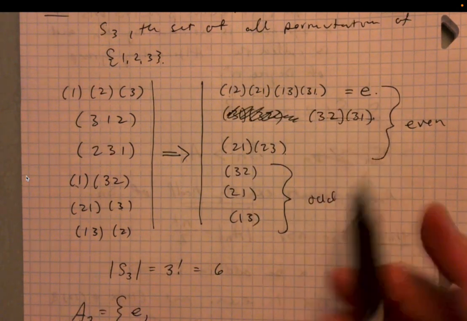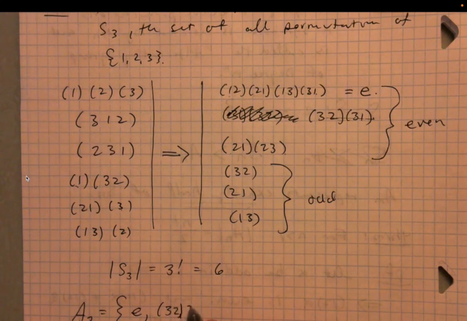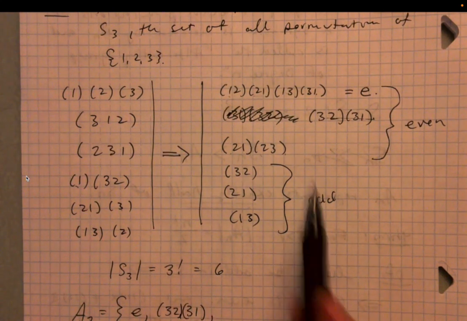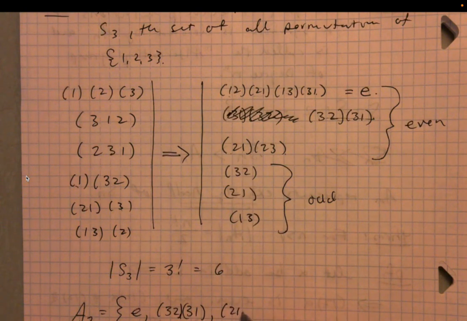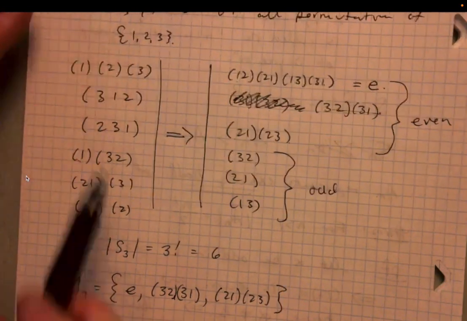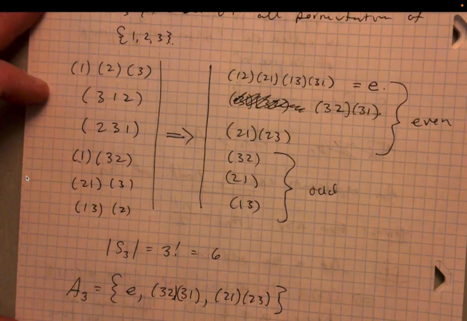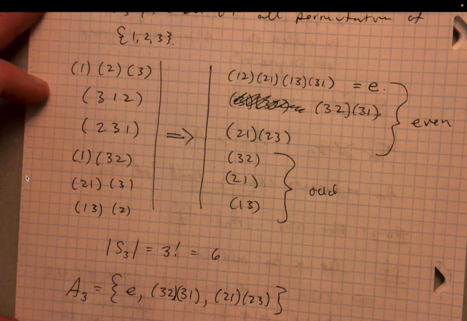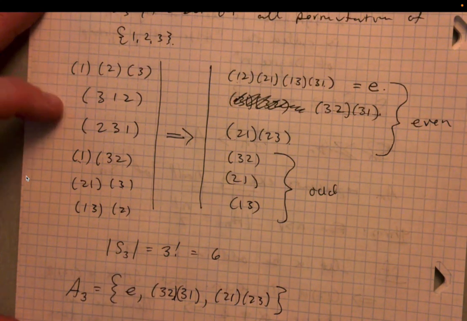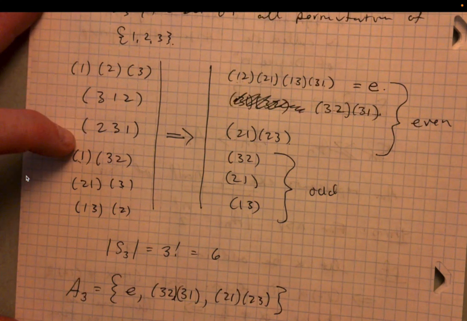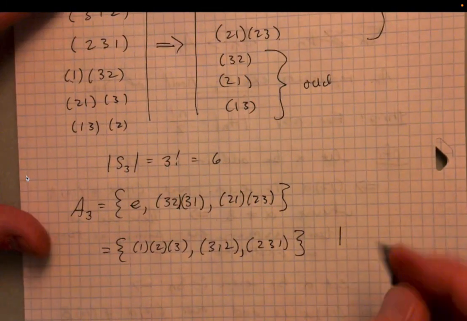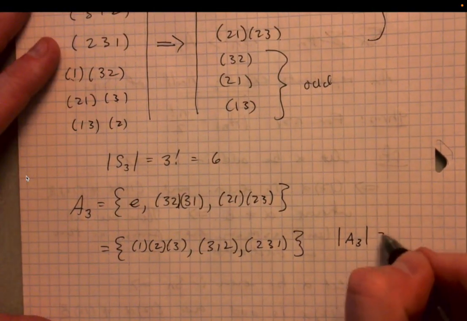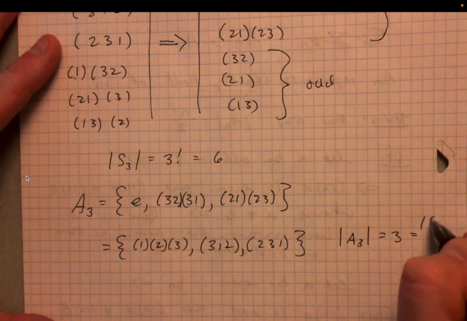It'll also be (3 2)(3 1), and it'll be (2 1)(2 3). If you wanted to write this in the normal notation, you'd say that A3 is the identity, and then it's 3, 1, 2, and then it's 2, 3, 1. And obviously, the order of A3 is 3, which is half the order of S3.